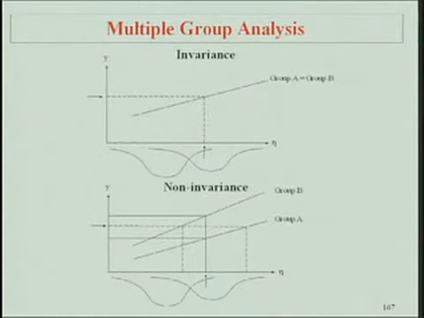Continuing this narrative, so we have then an invariant situation at the top. That is, we have y related to eta, but it's only one line. If these two lines are the same in the CFA with covariates, that means there is no difference in the intercept, which means that x3 has zero effect on y3. So one line means invariance, right?